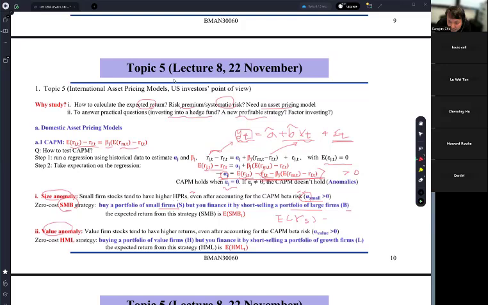ER small minus ER B, where R is the holding period return. In the lecture, I explained why this is the return for short selling B. Anyway, we use this symbol: when you see ESMB, it just means the return from implementing this strategy, ER small minus ER big.